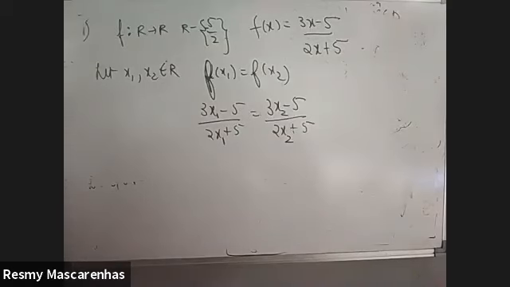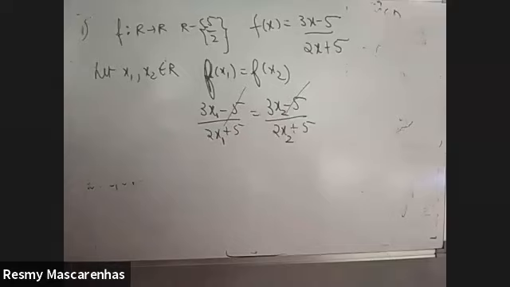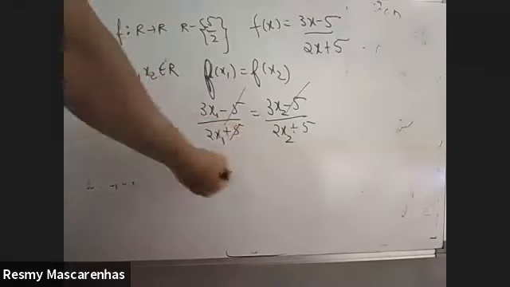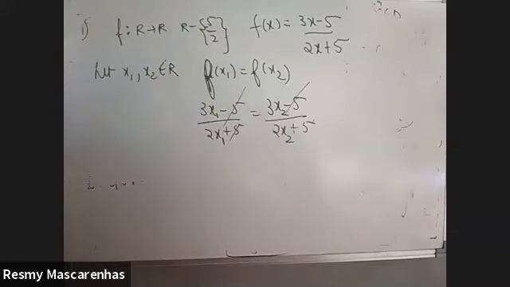Now here majority of you, in spite of my telling you, whenever I gave a test, you'll make that mistake. What you'll do is directly cancel 5 and 5, then 3 and 3, 2 and 2.